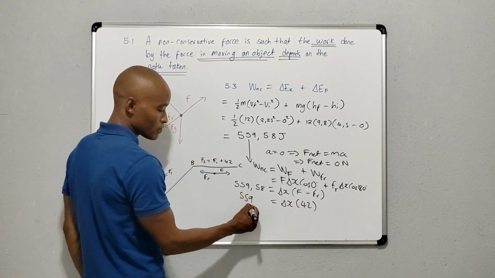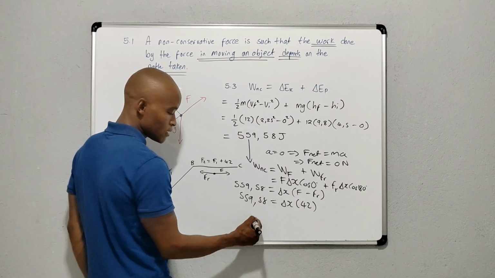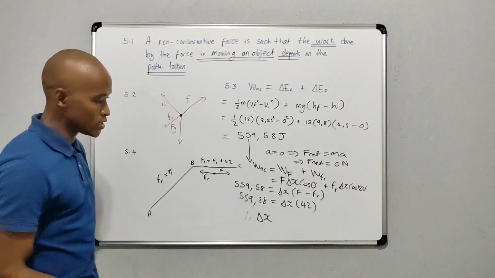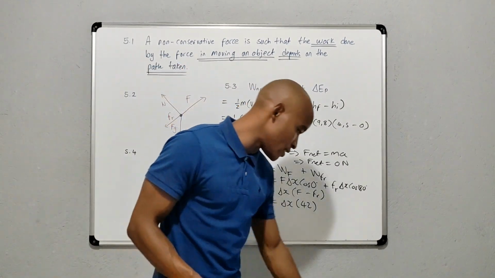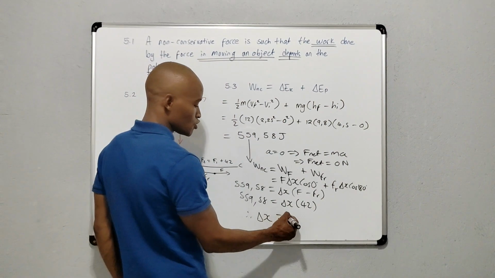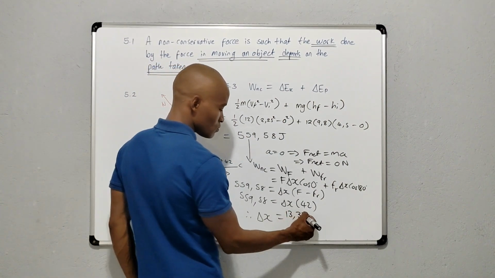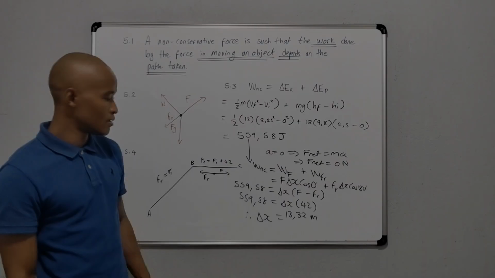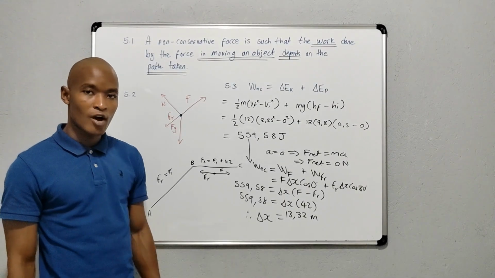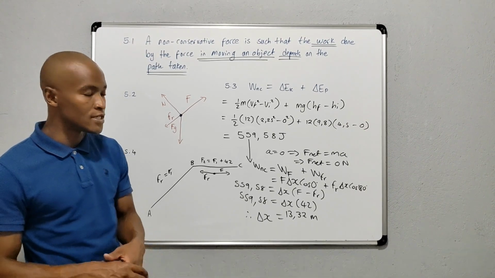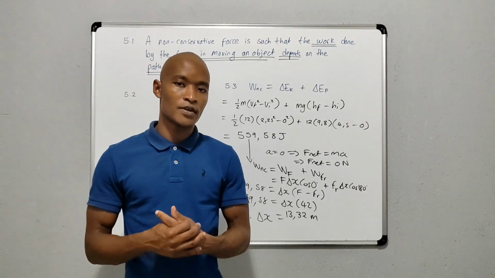So that will be 559.58. And if you do that, you'll get that changing x is equal to 13.32 meters. All right. So this takes care of question 5.4, guys, and the entire question 5 therefore.